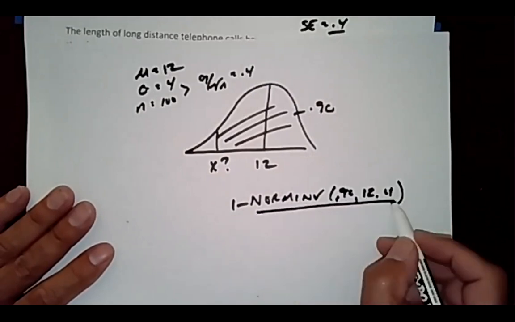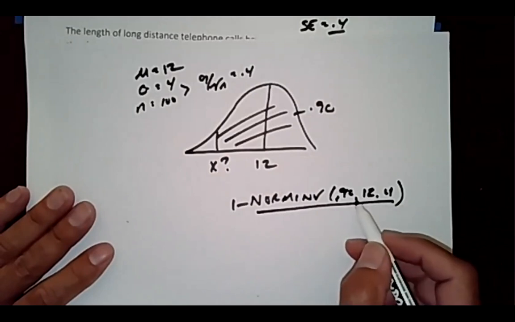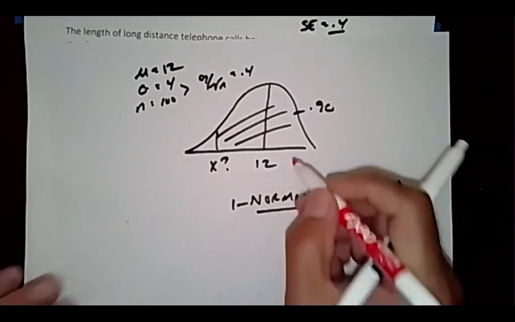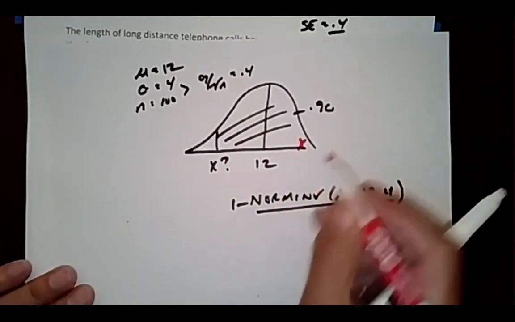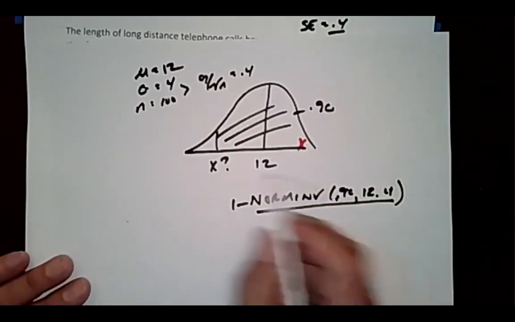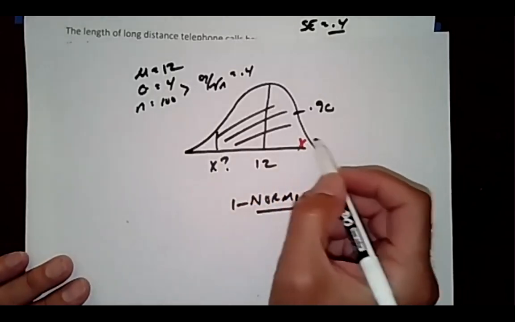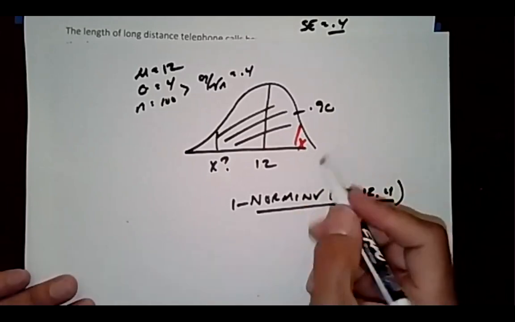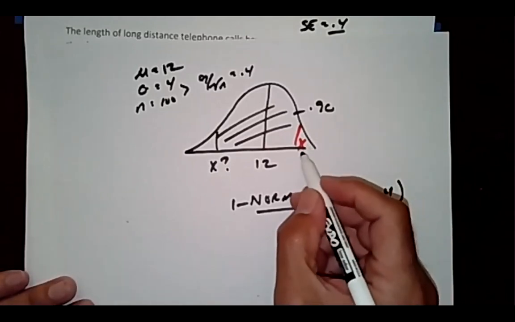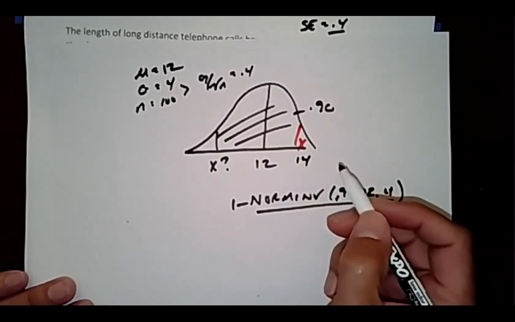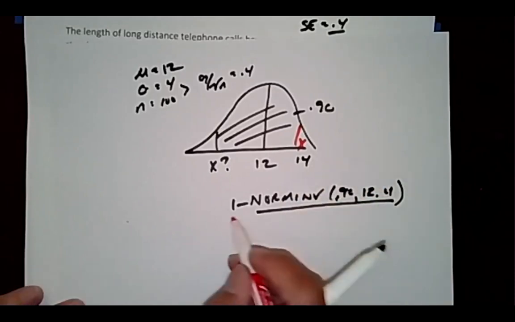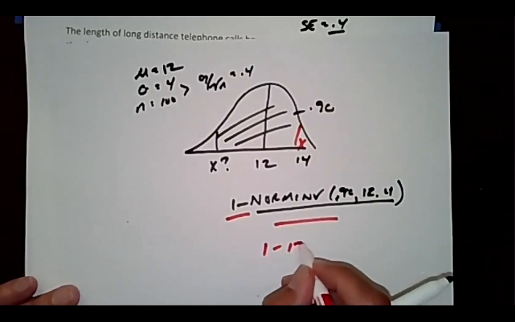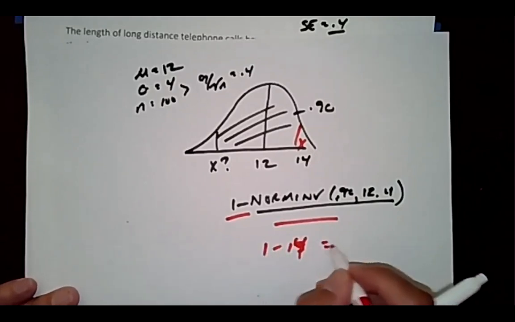Well, norm INV of 0.9 would give you a value up here, because norm INV would give you the break from 90% or above. So let's say that value, I'm just going to guess, is 14. 1 minus that value is 1 minus 14, which equals what?